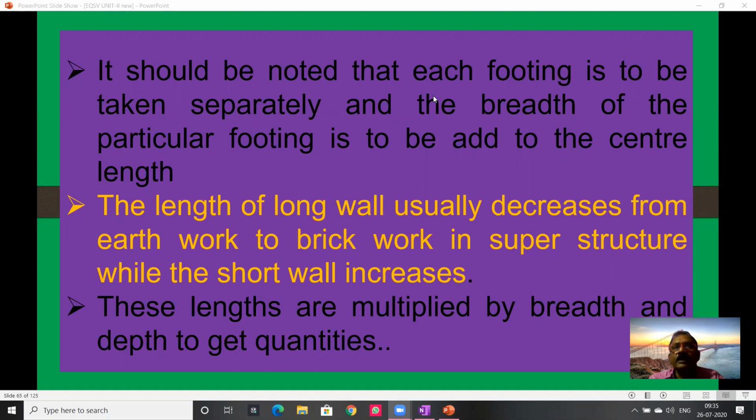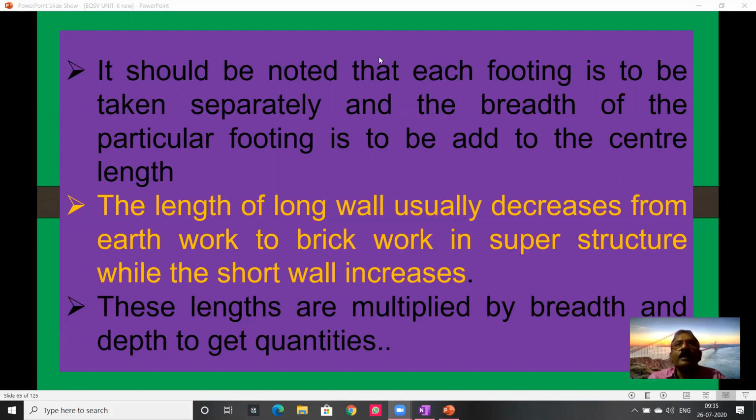The breadth of the particular footing is to be added to the center length. That is the first footing, second footing, third footing, as explained in the previous problem. So we take the first footing calculations separately, the second footing separately, and the third footing separately.